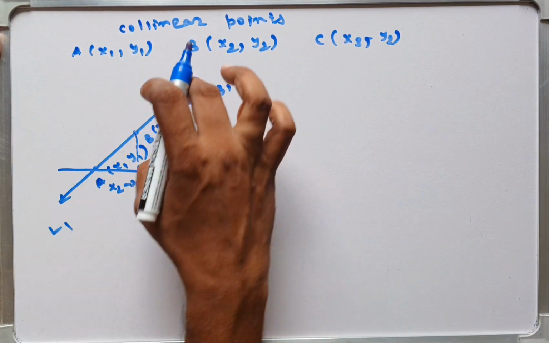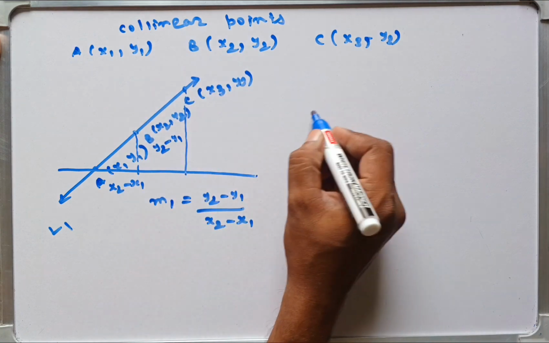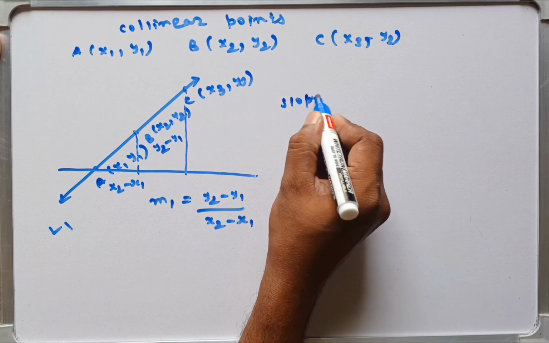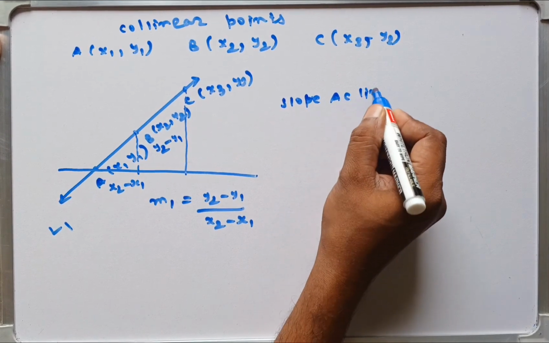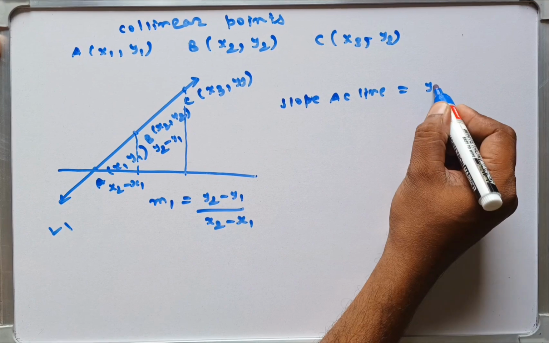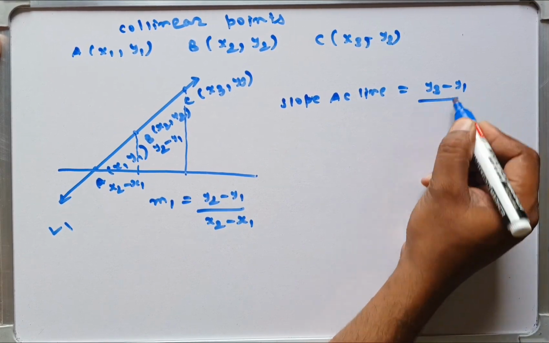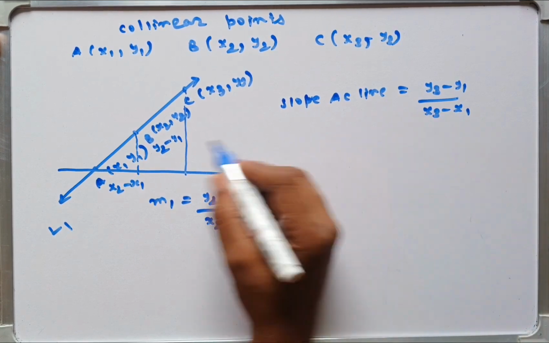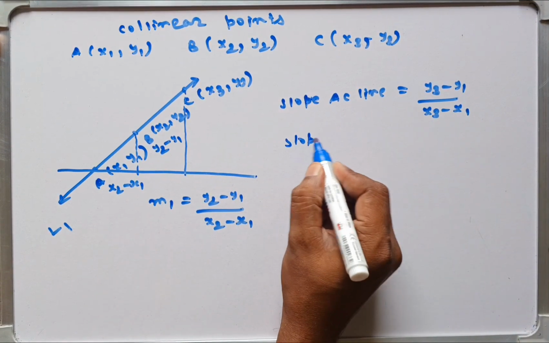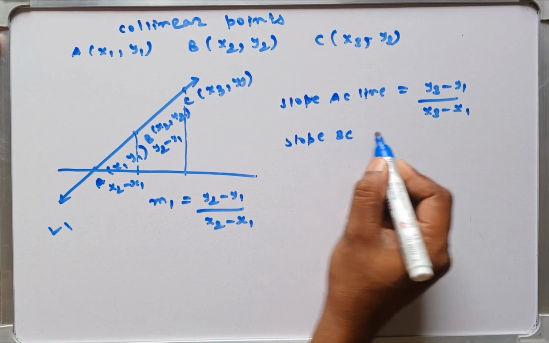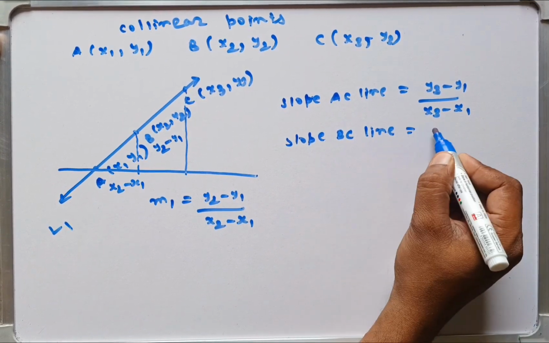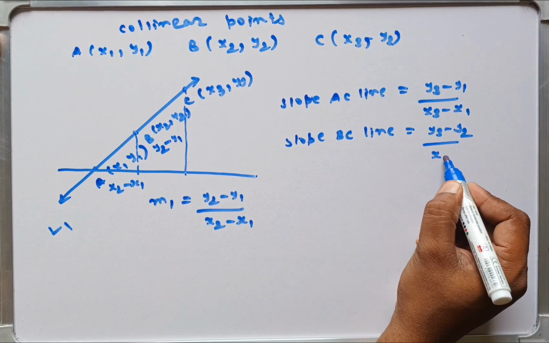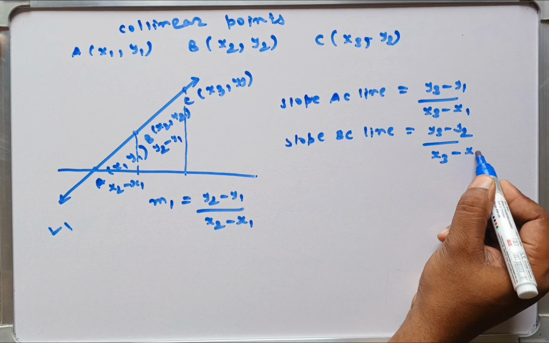And the slope of line AC is equal to y3 minus y1 divided by x3 minus x1, and the slope of line BC is equal to y3 minus y2 divided by x3 minus x2.